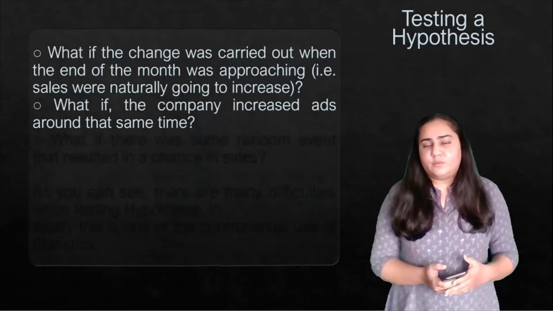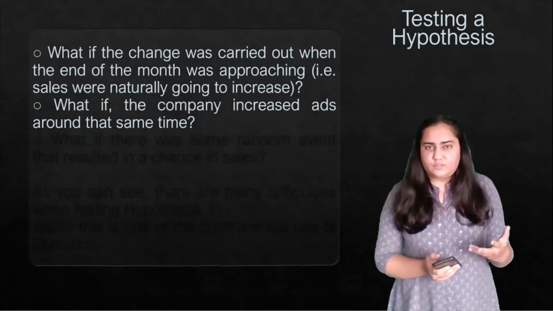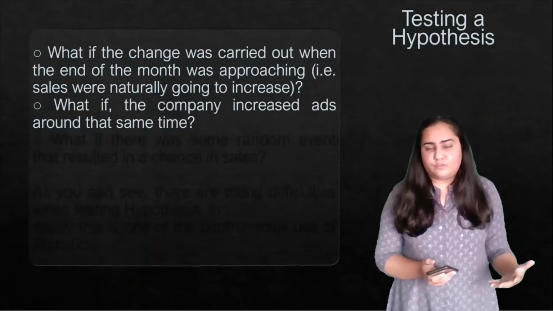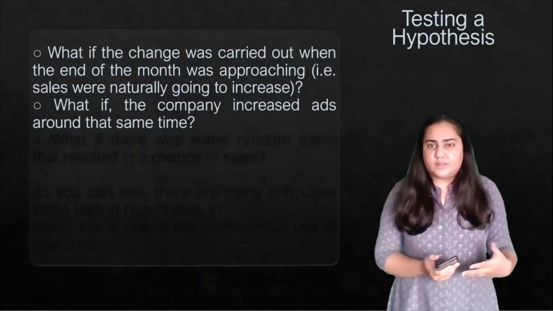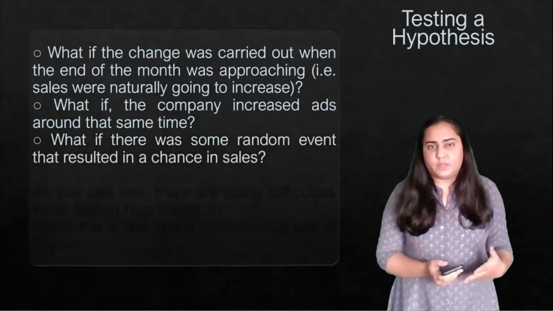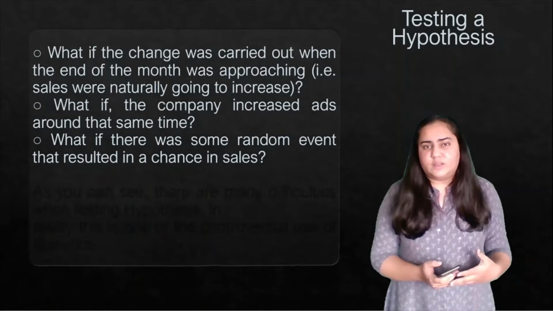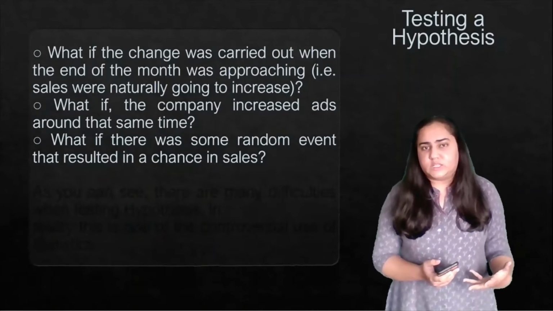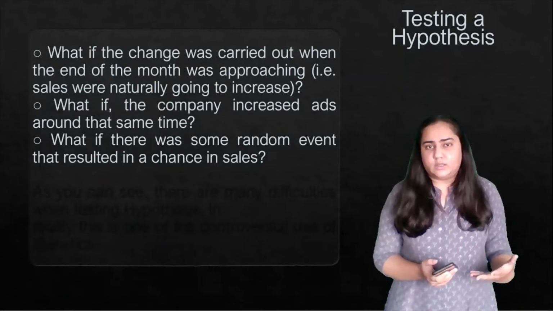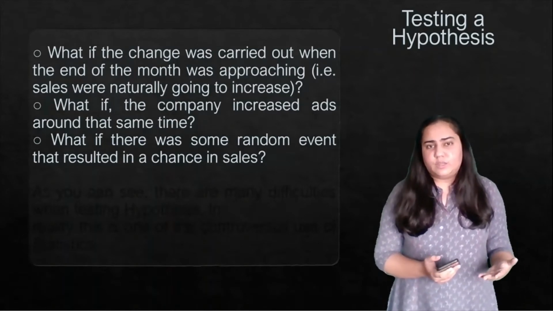The second problem could be, what if the company increased ads around that same time? What if you started advertising more for your e-commerce site, and that's why the sales increased, not because you changed the button color? Another problem could be, what if there was some random event that resulted in an increase in sales?